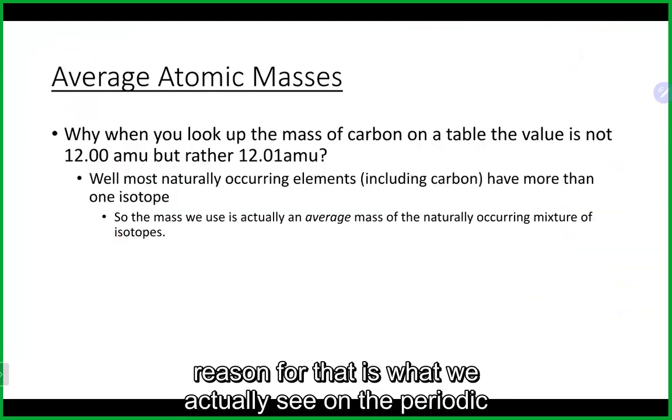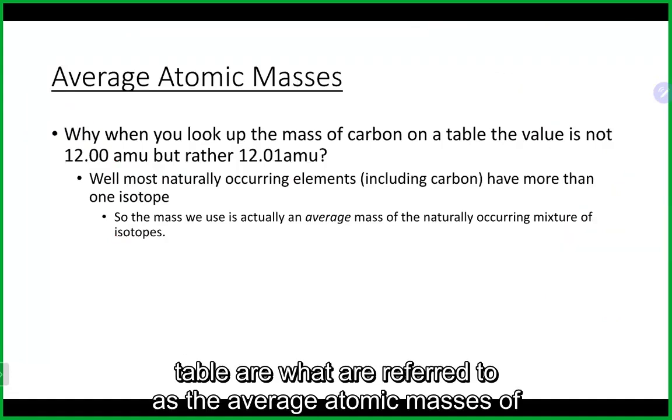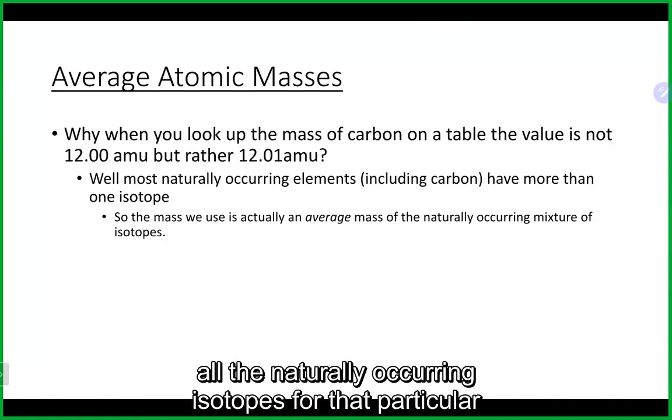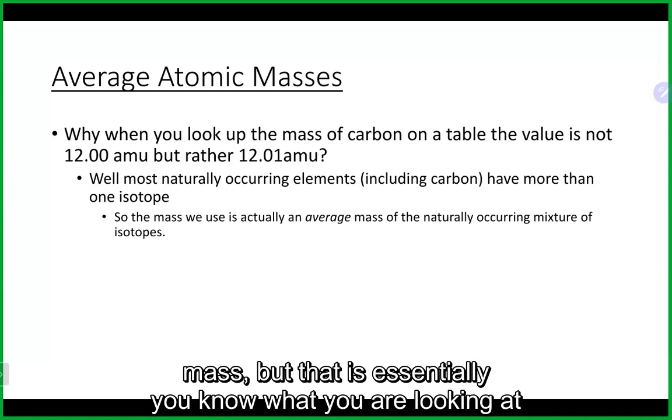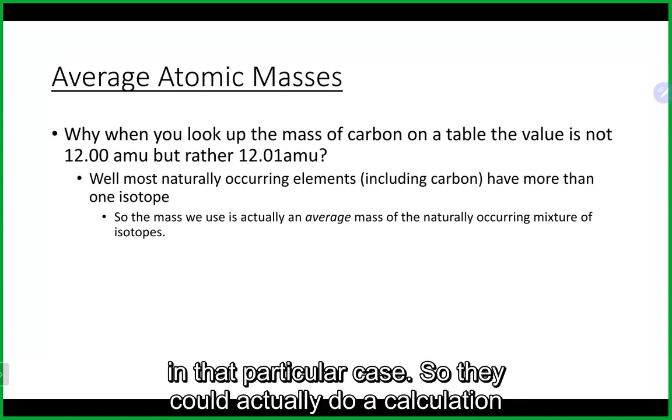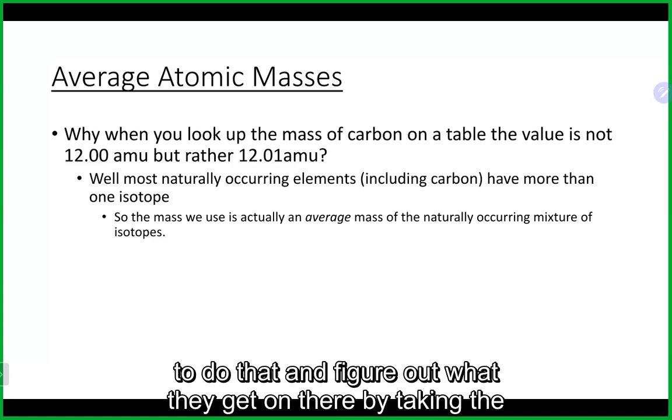What we see on the periodic table are what are referred to as the average atomic masses of all the naturally occurring isotopes for that particular element. Although most people don't call it average atomic mass, that is essentially what you are looking at in that case. So they could do a calculation to figure out what they get there.